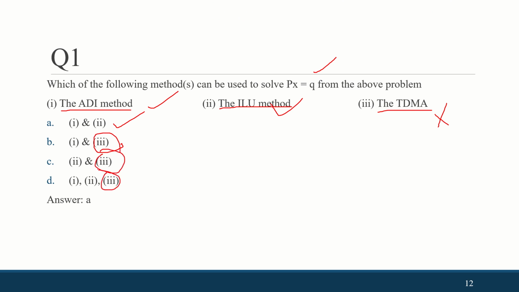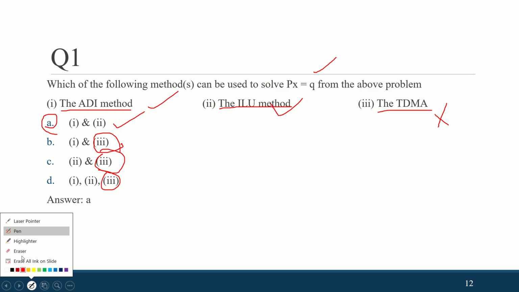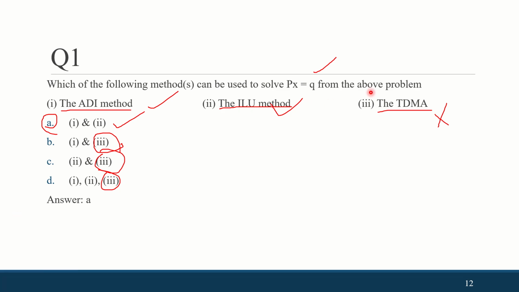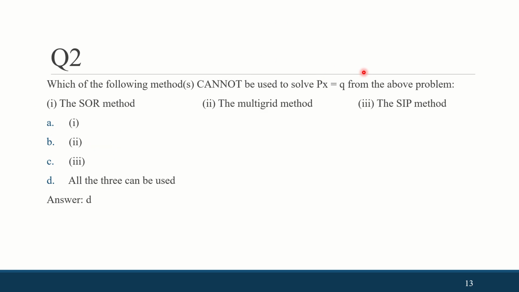So yeah, answer is option A. That is alternating direction implicit method and incomplete LU decomposition method can be used, whereas TDMA cannot be used. Now we'll move on to question 2.